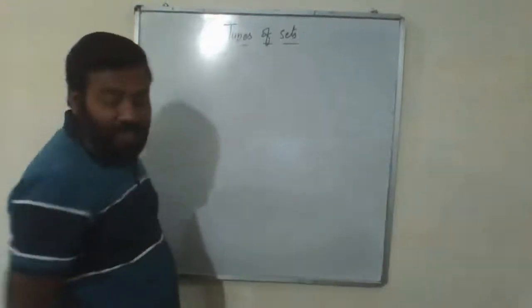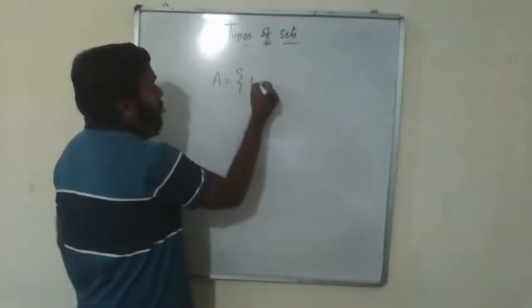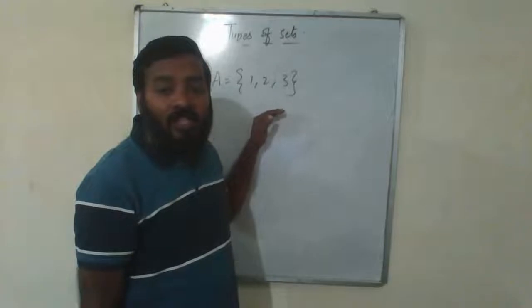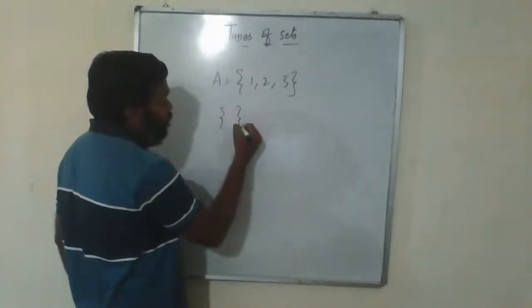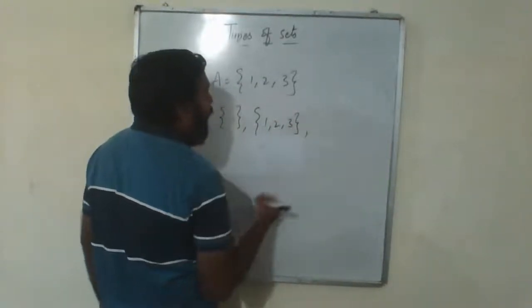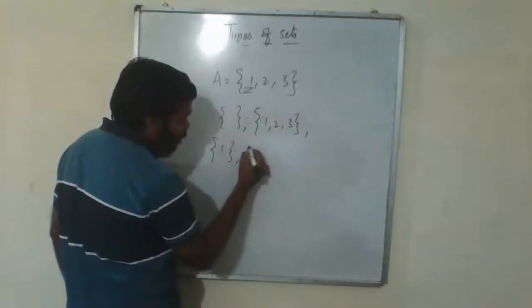Now, if you are taking only one set, we can write subsets to this set. Subsets to this set are the null set, the same set, and we have to consider one element at a time.